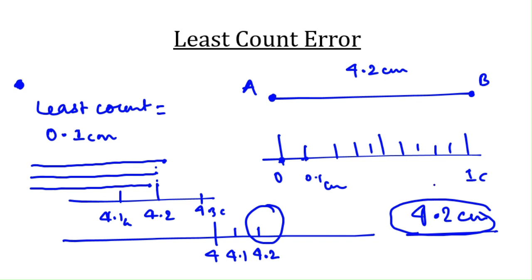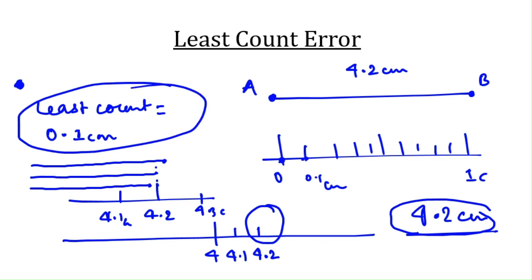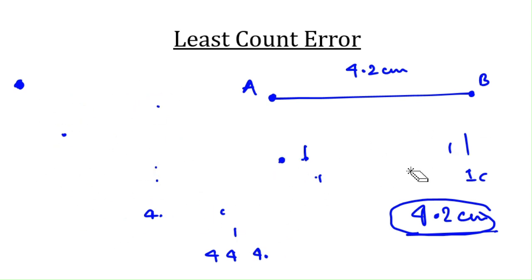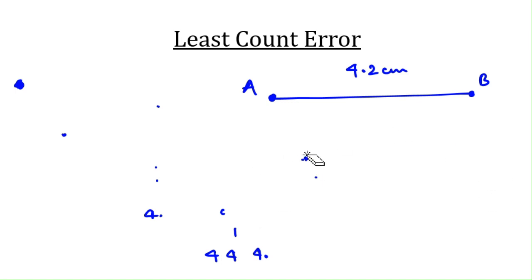So there is uncertainty at this terminal. Now, how much uncertainty is this? This uncertainty is nothing but its least count. So this uncertainty is equal to its least count. Now, how can we get the relative error in this scenario? The least count is 0.1 centimeter and the measured value is 4.2 centimeter.